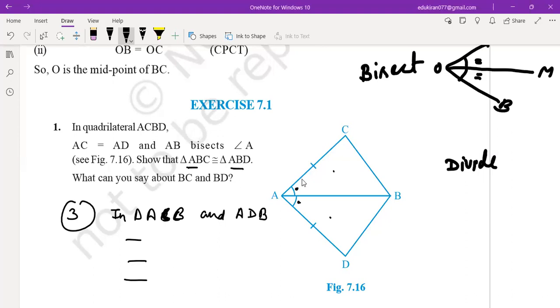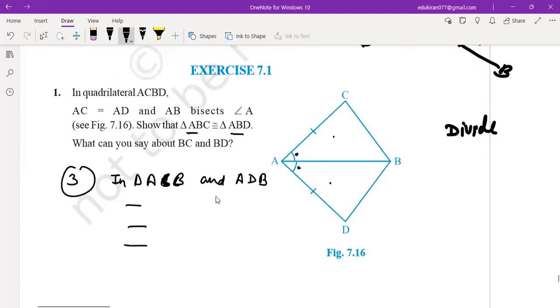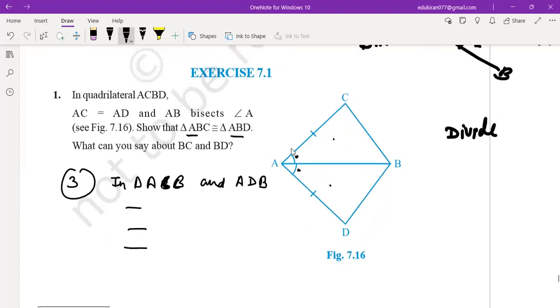Okay. Anyone who got the points? Should I tell you the points? See, in the first triangle, this AC is equal to AD.